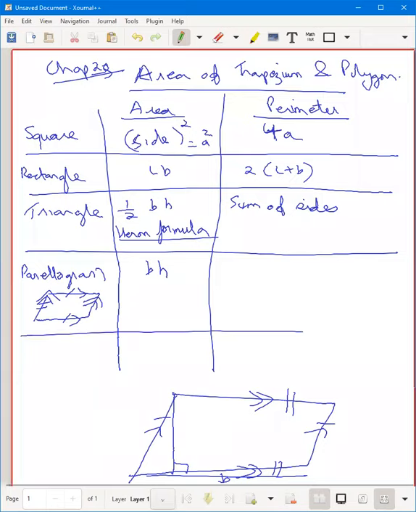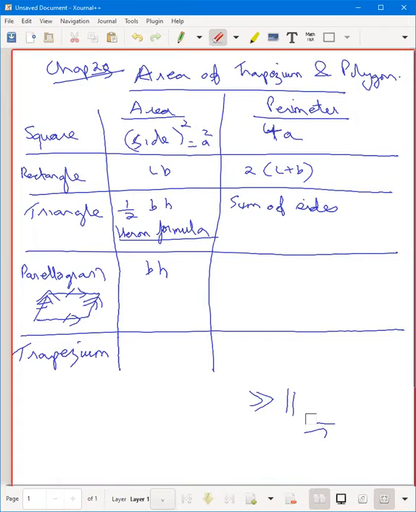Trapezium. Can anybody tell me what is a trapezium? What kind of a figure or polygon is a trapezium? We have 2 parallel sides and 2 non-parallel sides. Okay. So the area of a trapezium will be, any ideas, anyone?